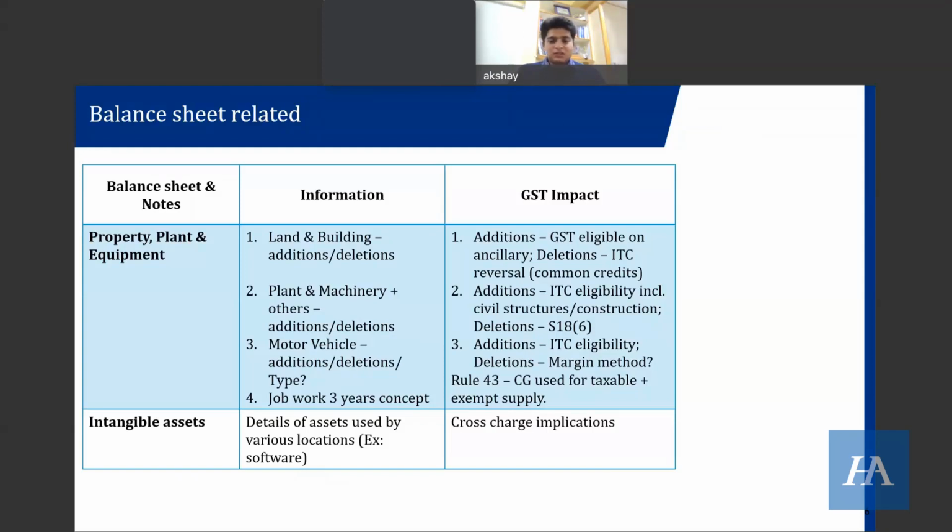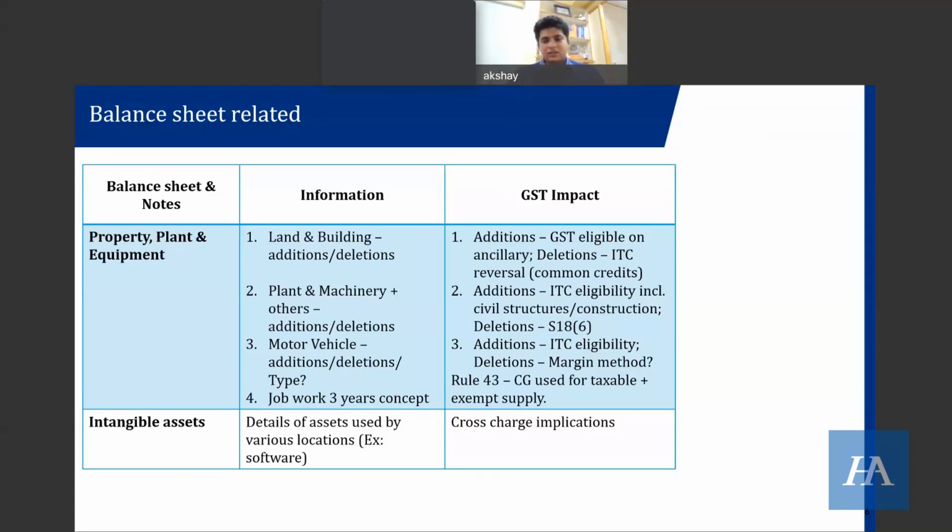So coming to deletions, if you remove a motor vehicle from your fixed assets, what are the possible GST implications? First thing is that you will have to pay GST on a margin method. This margin method would apply only when I have not claimed the credit upon purchase of these vehicles. So I will be required to pay on the margin between the sale value and the written down value as per income tax.